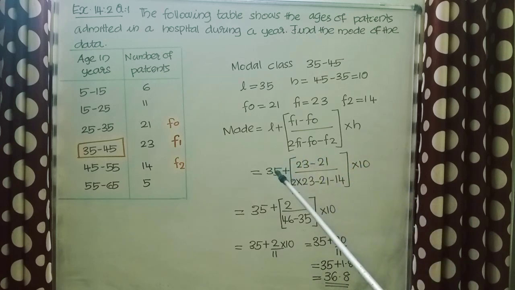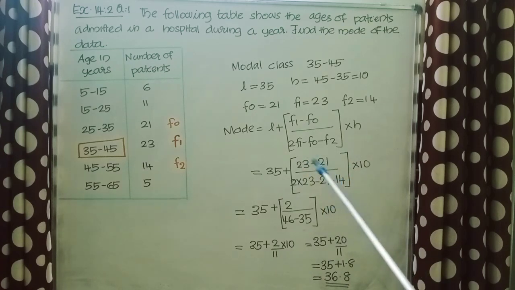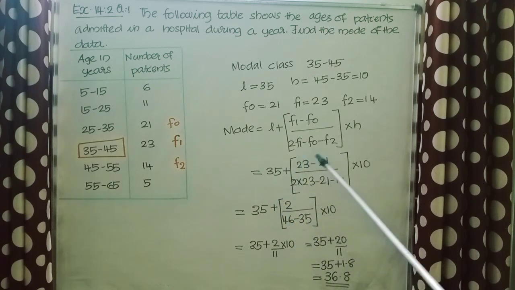You don't add this 35 first. You do all the calculations in the bracket, finish it. After that only you add with 35. Now 23 minus 21, it is 2. Now we can multiply this 2 into 23. It is 46. Minus 21 and minus 14 together minus 35.